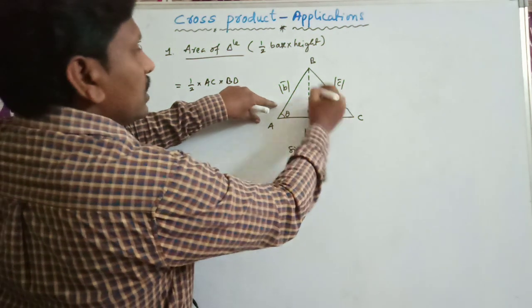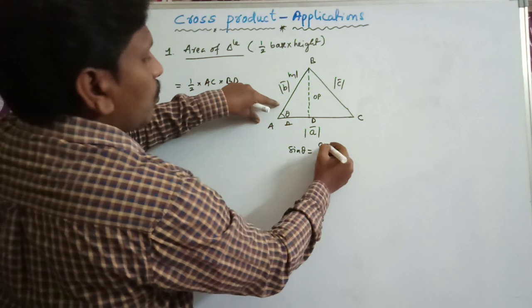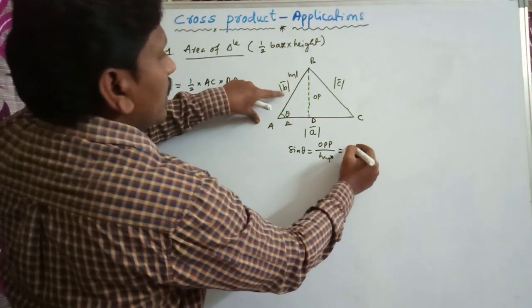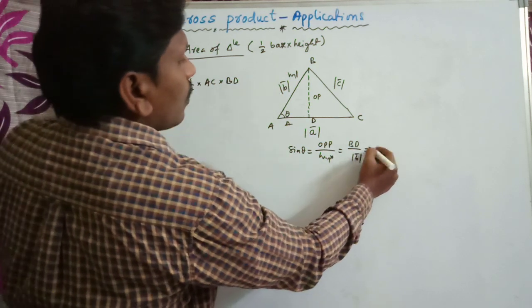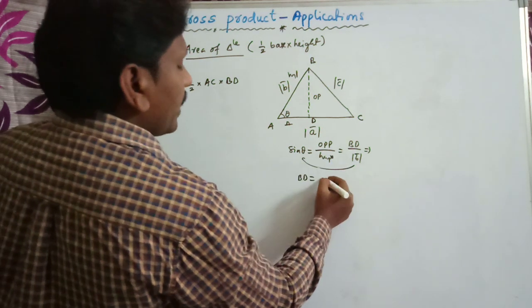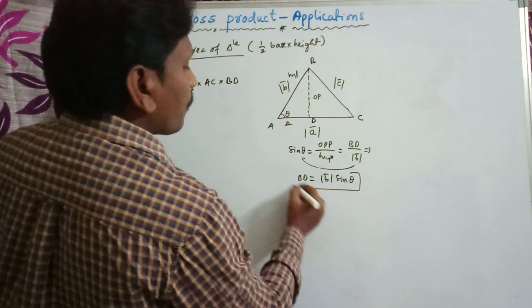This is opposite by hypotenuse, that is BD by mod B bar. Okay, we have to get BD. We can write it as mod B bar into sin theta.